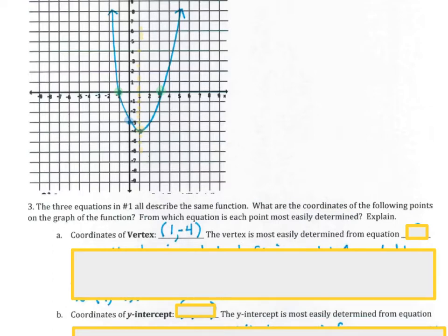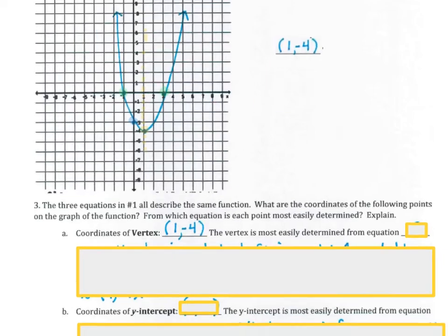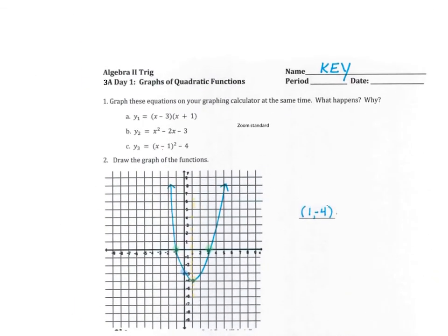Which of those equations do I see a 1 and a 4 in? It looks like equation C. If I look at my function, I see a 1 there and a -4 there. Lo and behold, 1, boom, -4, boom. Now some of you might be saying, but hey, Mr. D, that's a -1. What gives? We'll discuss that in a little bit.